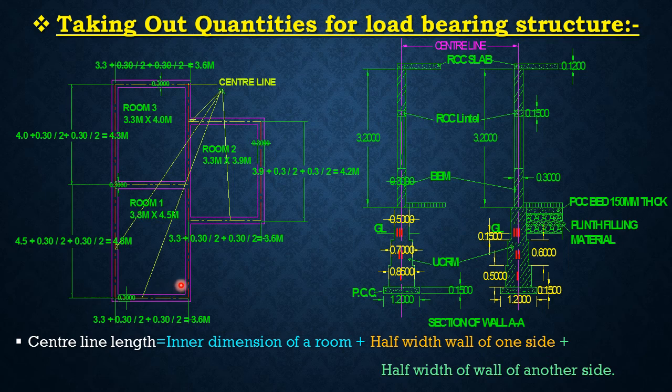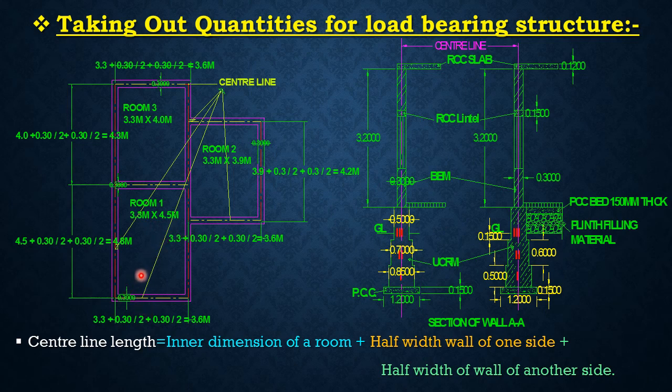Then let us see how it is calculated. For room number 1, the dimension is 3.3 meter by 4.5 meter. The first dimension is horizontal and the second dimension is vertical.